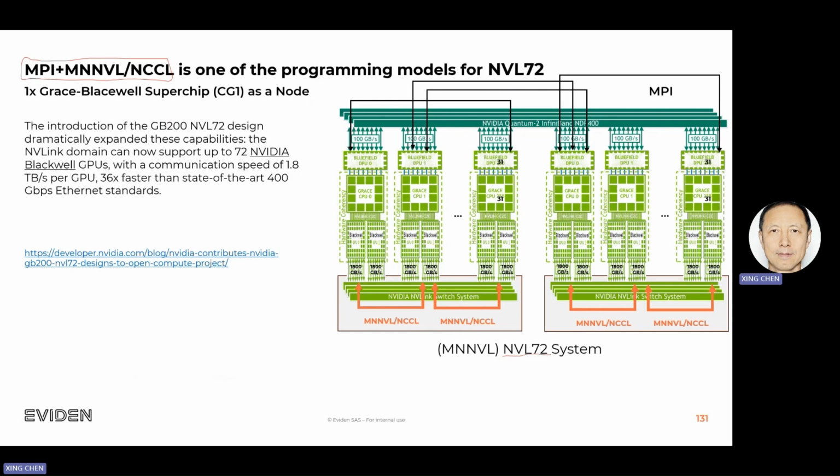But in between the two NVL domains, what you need to do is pretty much run MPI. So I'm saying that MPI plus MNVL-capable NCCL is another programming model besides MPI plus peer-to-peer memory access. Okay.